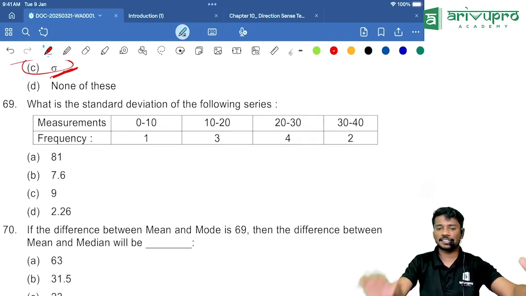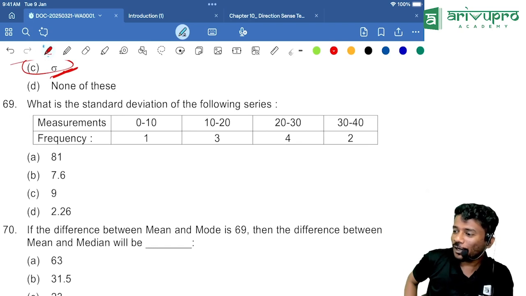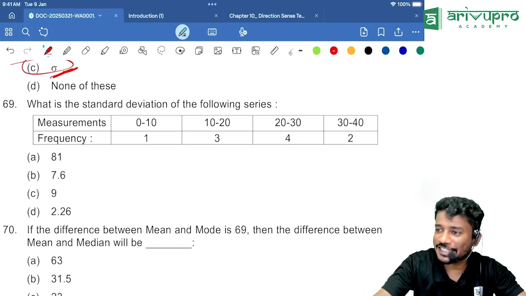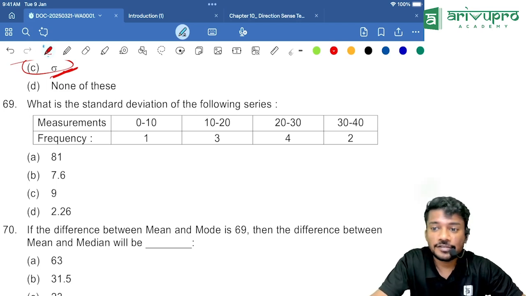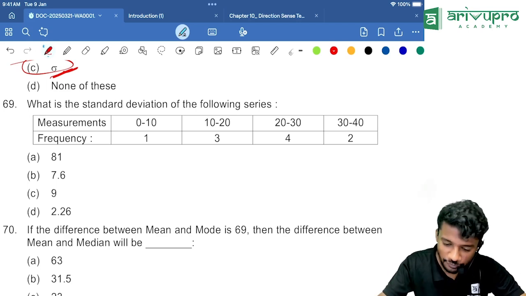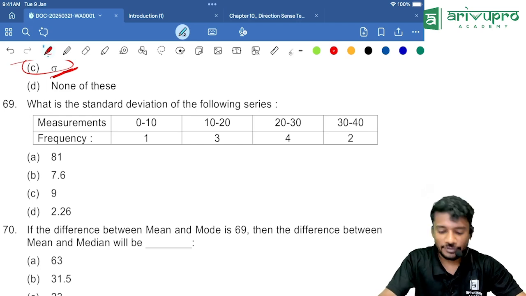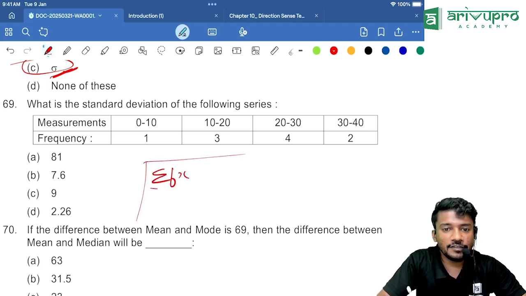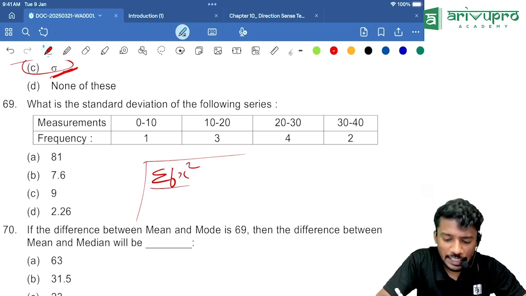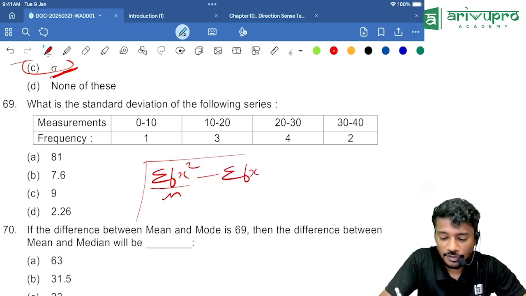How will you find standard deviation? Tell me, people. What is the formula for finding standard deviation? Square root of summation of fx square divided by n minus x bar the whole square.